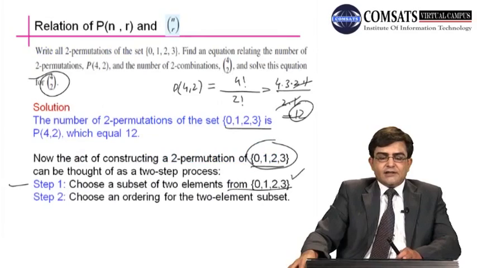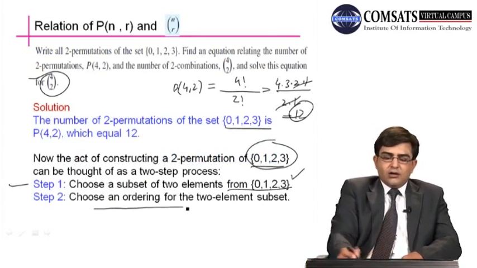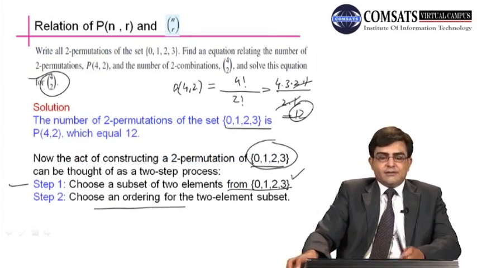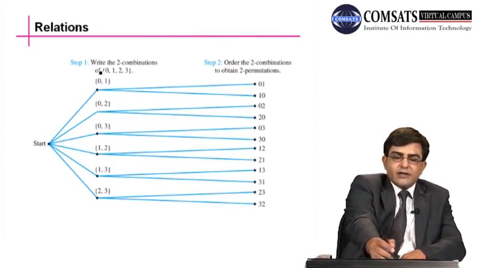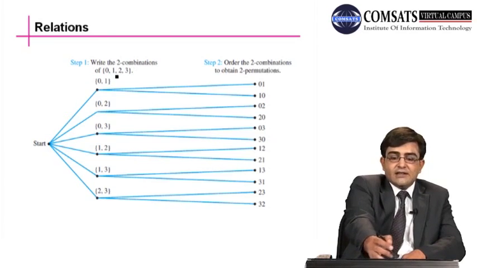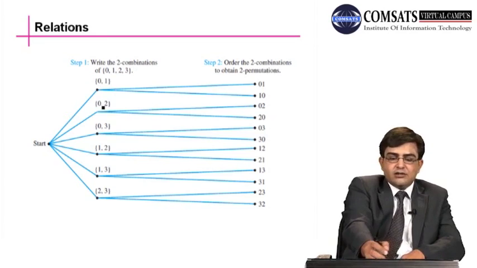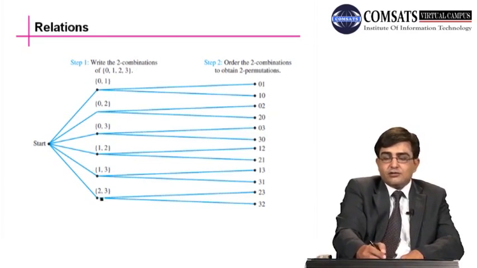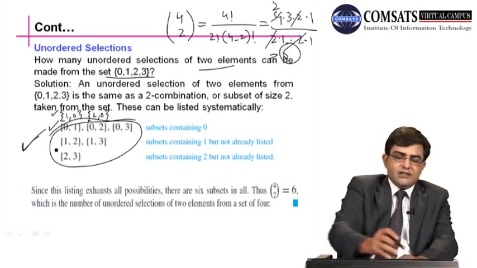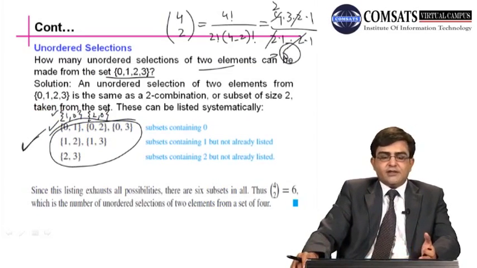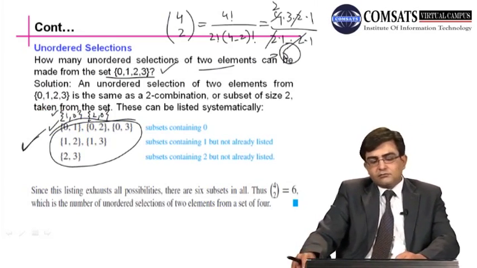Now in these subsets, choose an order for the 2 element subset. For example, write the 2 combinations of this, basically 6, which are 0 1, 0 2, 0 3, 1 2, 1 3, 2 3, as we have written here. These are all the possible subsets which contain 2 elements of this set.